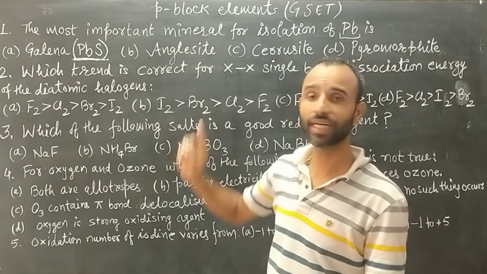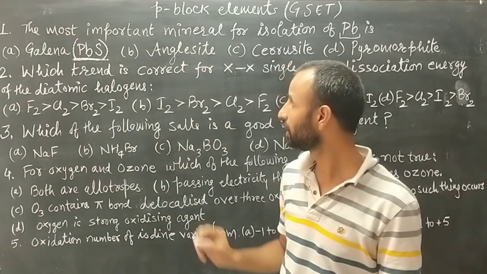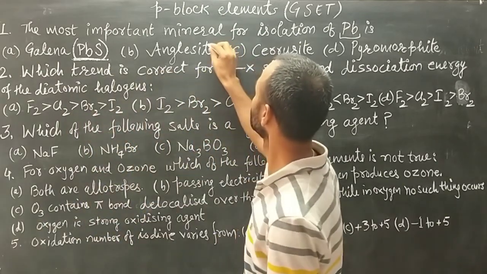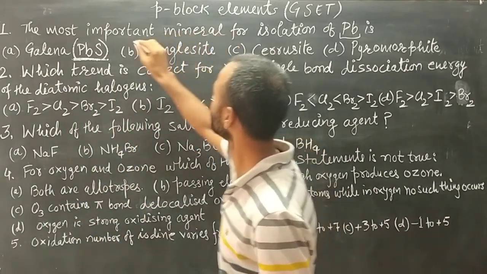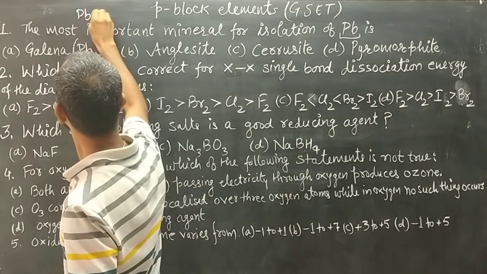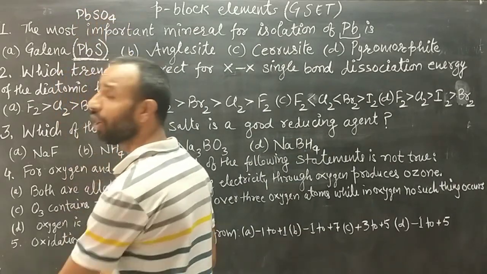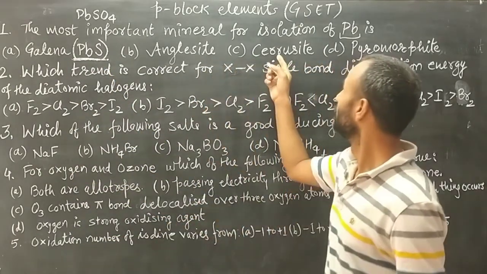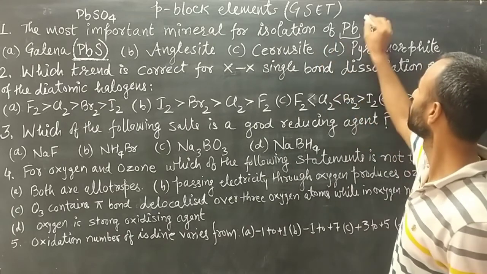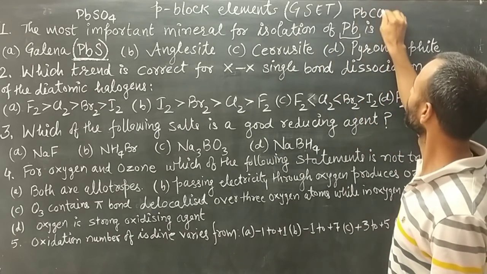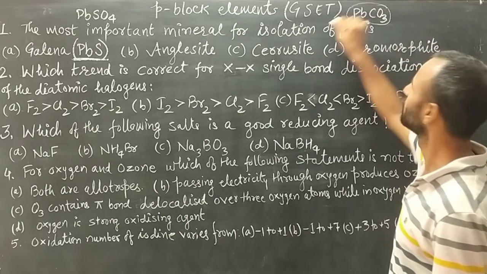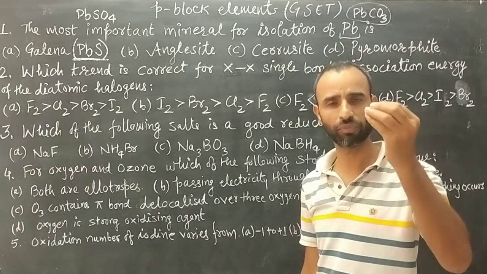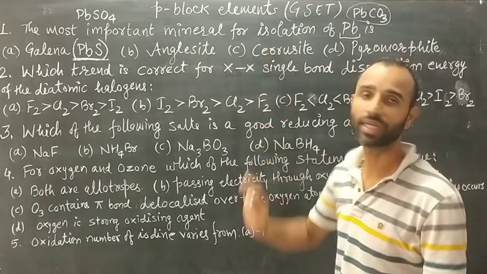and this anglesite is actually lead sulfate. And you know, lead sulfate is found, I can write here, lead sulfate, anglesite is lead sulfate. It is the oxidation product of galena. Cerussite, it is actually lead carbonate, and it is found locally, means very few cases we get cerussite as the ore.